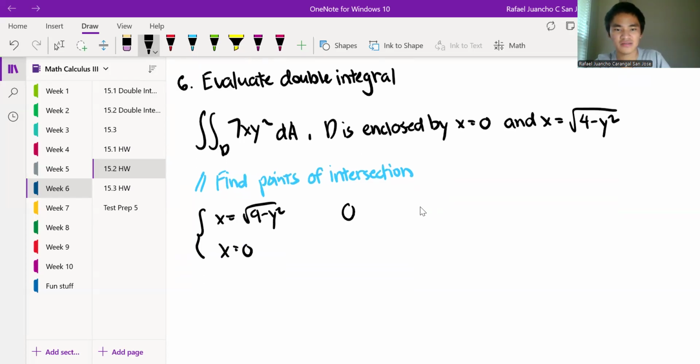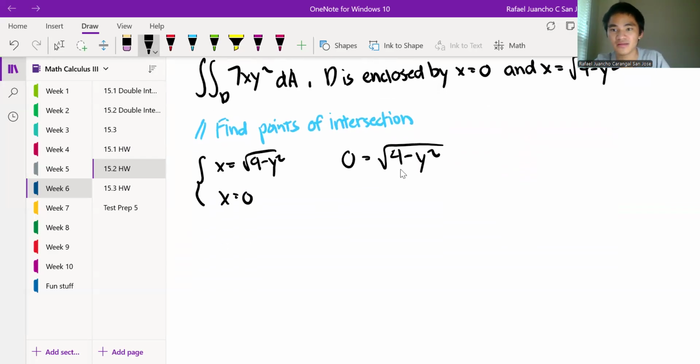So here we get 0 equals this. Right? If I square them, I get this. Put my y. Here I get plus minus 2 for my y. My x is always 0 in this case.